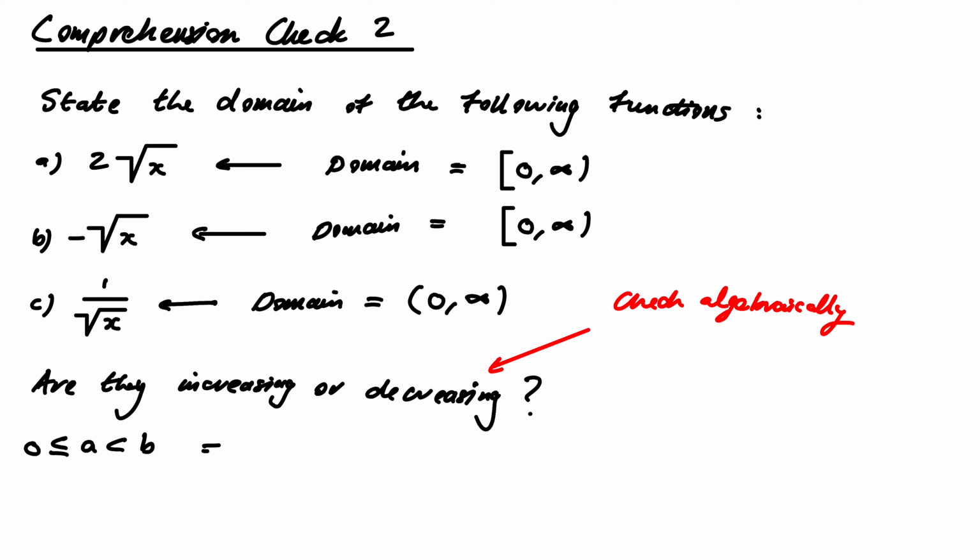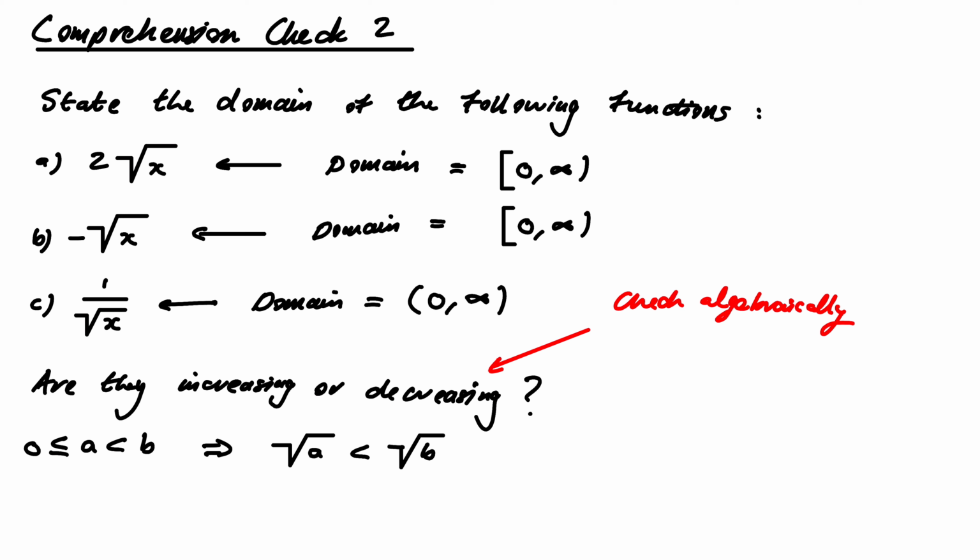So this implies, of course, we can take square roots. We know by our basic rules of how inequalities work, our algebra for inequalities, that the square root of a is less than the square root of b. So roots preserve the inequality.